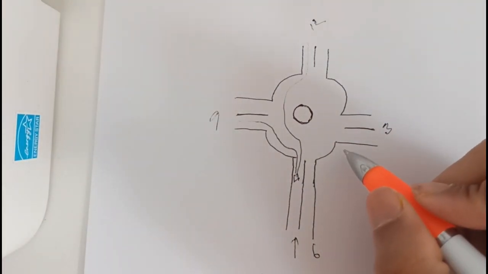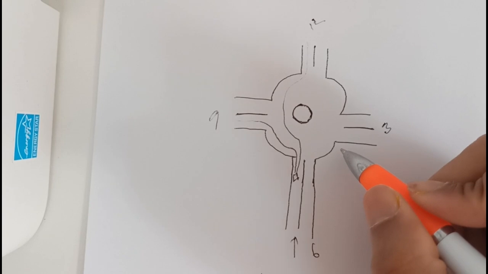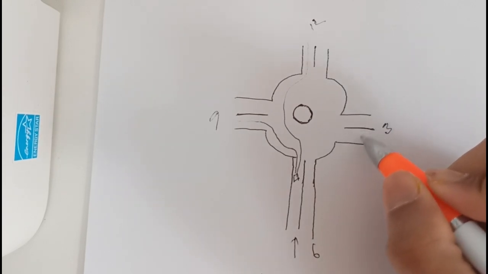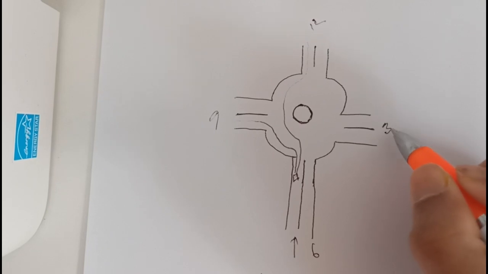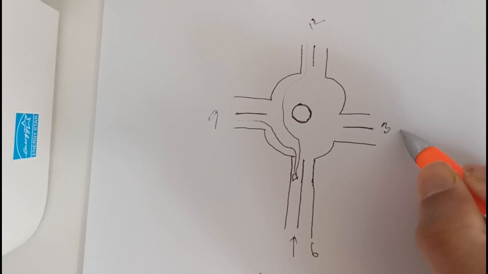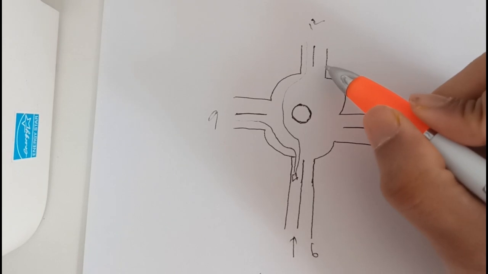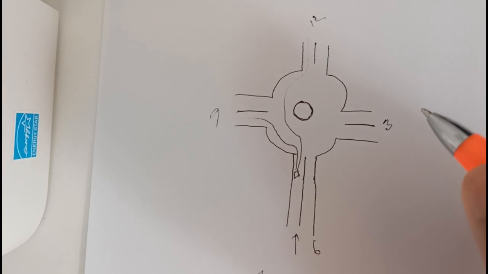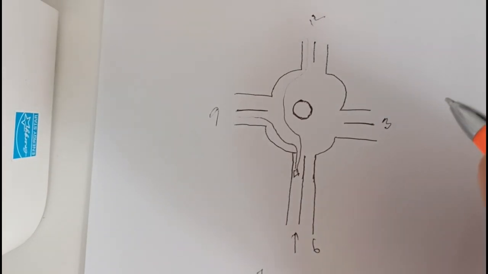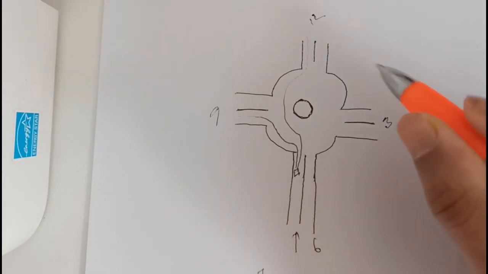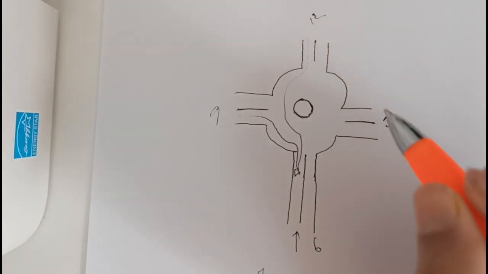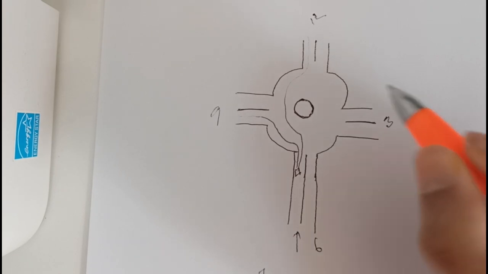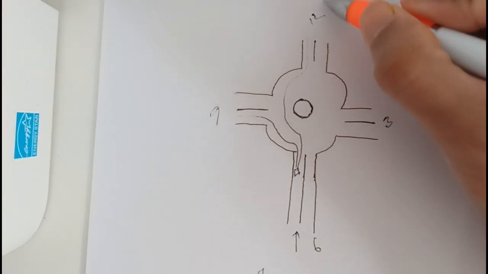If you need to take the third exit, just see, the third exit is on the right side, and you will need to cross after 12. So it is going to be third exit right, because it is the right side of the 12 o'clock.